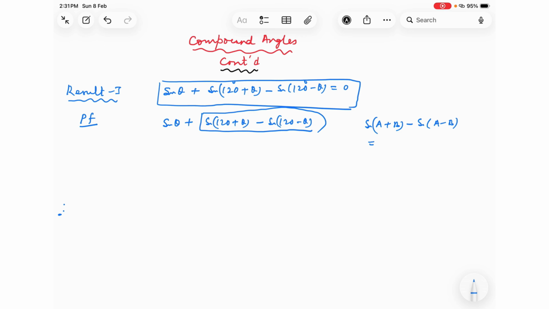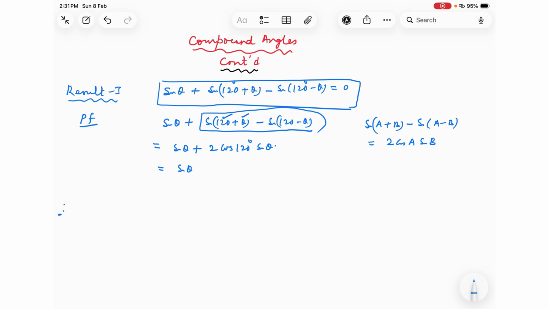Now remember, sine (A plus B) minus sine (A minus B), we have written earlier, it is 2 cos A sine B. Therefore, according to that, we can write sine theta. Here 120 you treat as A, theta you treat as B. It is 2 cos 120 sine theta.